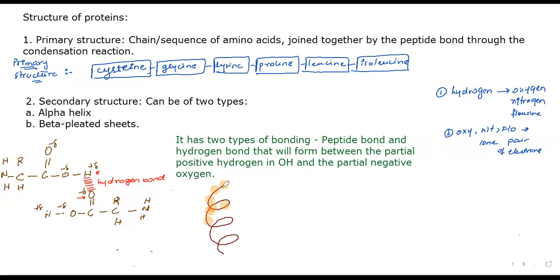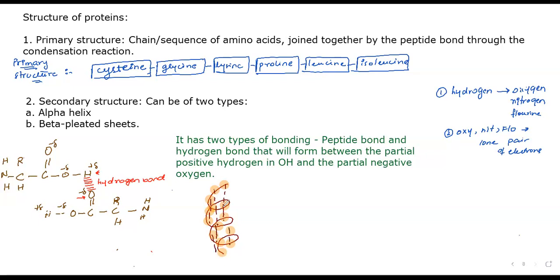These dots, these amino acids, can develop hydrogen bonding with each other. And because of this hydrogen bonding, they can end up having a folded structure, a spiral structure.